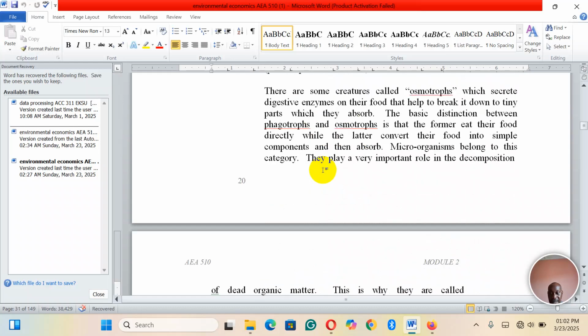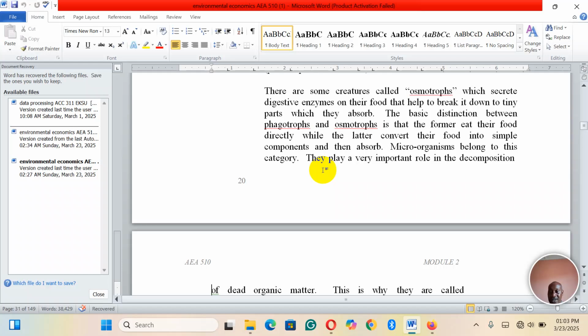Then there are some creatures called osmotrophs, which secrete digestive enzymes on their food that help to break it down into tiny parts, which they absorb.